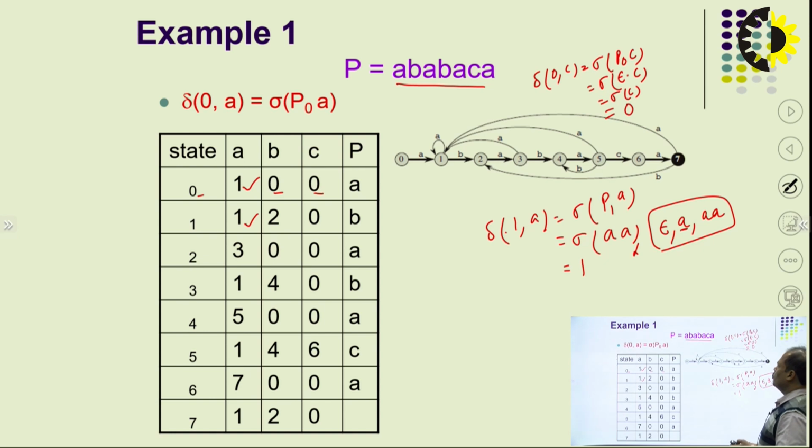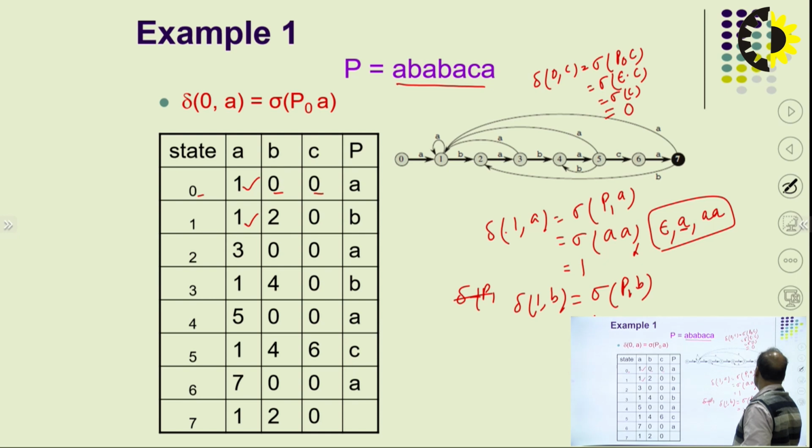Now the next one, delta of 1 comma b. This will be sigma of P1 b. Clear? Sigma of P1 is a, and with b we get ab, which matches the prefix of the pattern. So its length is 2.